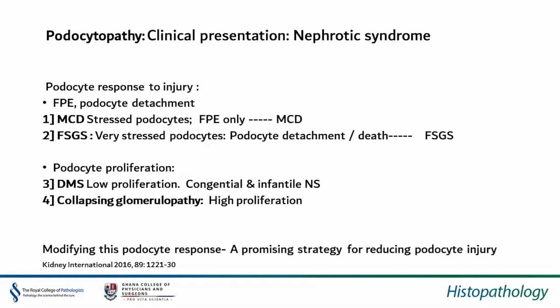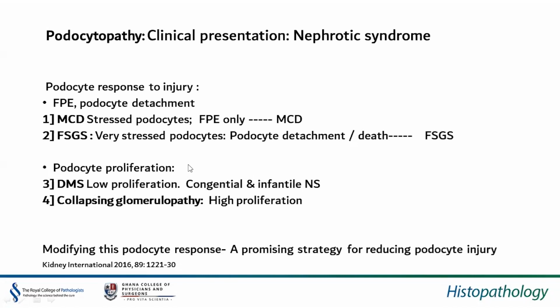The parietal epithelial cells that line the inner aspect of the Bowman's capsule come and attach themselves to that particular injured portion of the tuft. So also the mesangium plays a role, and there is sclerosis in that portion, and you end up getting a focal segmental glomerulosclerosis.